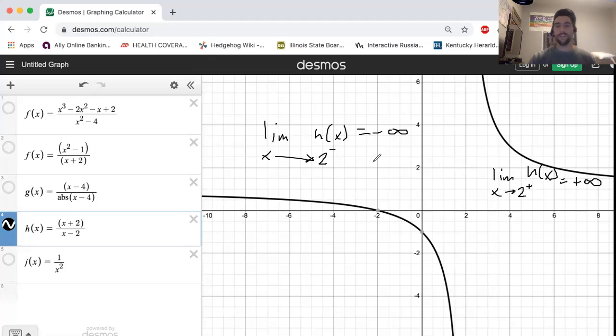These limits don't match, so like this limit right here, we'd say does not exist. The left and right side limits don't match, so the limit does not exist.